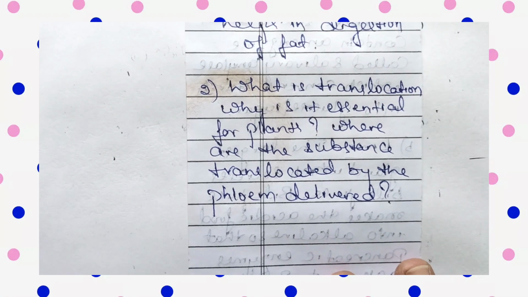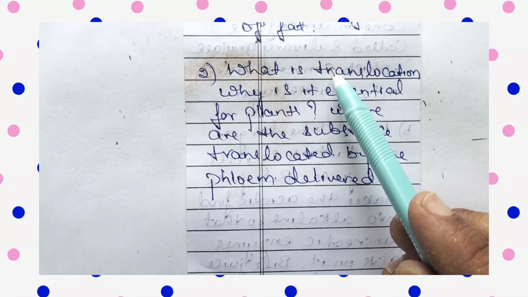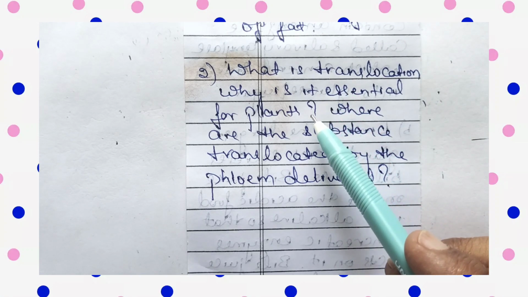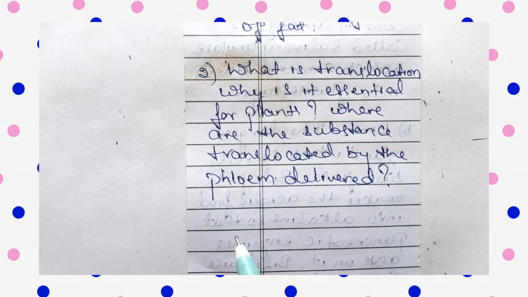So this is the question. It contains 3 sub questions. What is translocation? Why is it essential for plants? Where are the substances translocated by the phloem delivered? Let us answer this.